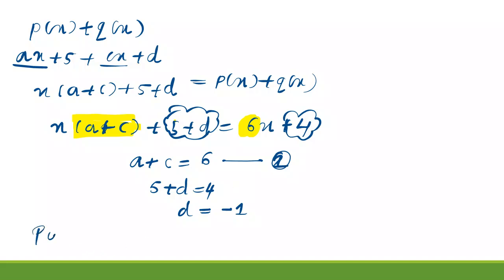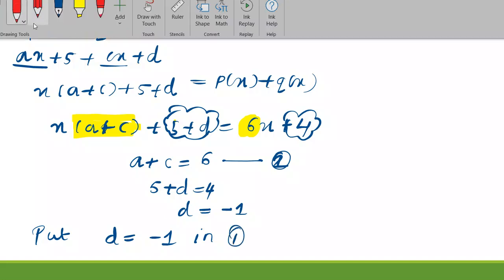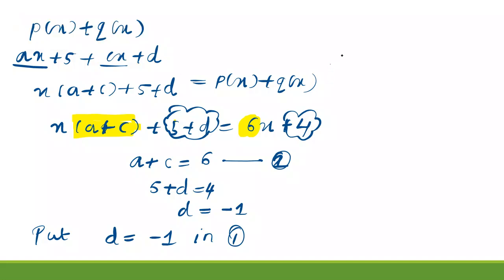Now we can put d equal to negative 1 in this equation. So what will we get? We substitute the value of d equal to negative 1 into d is equal to 3a minus 3c plus 5, right?